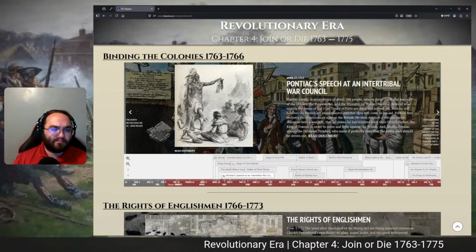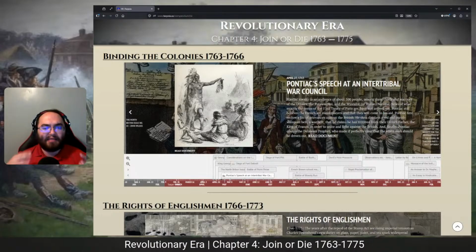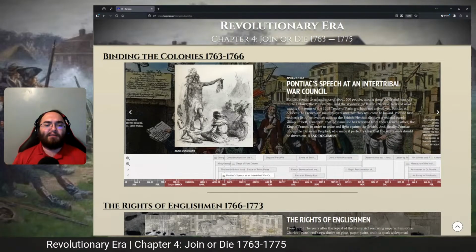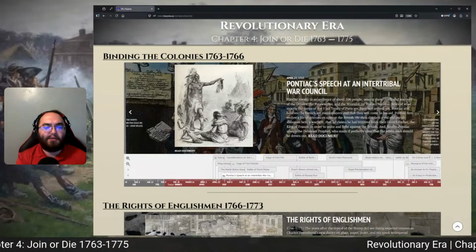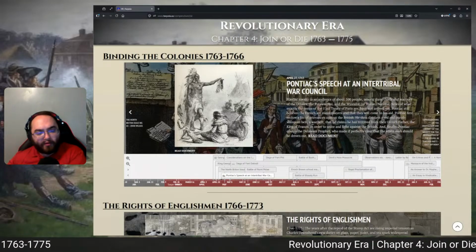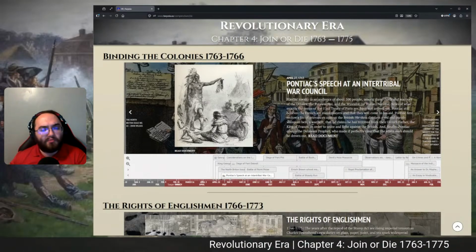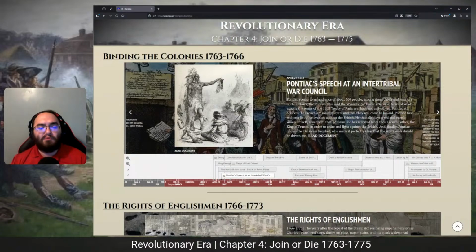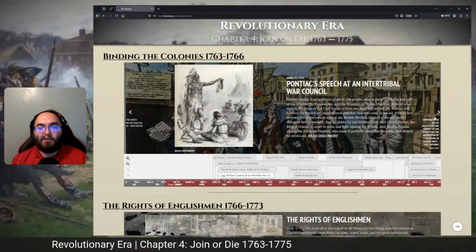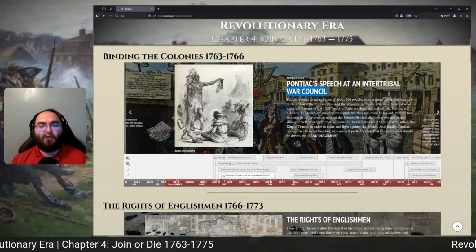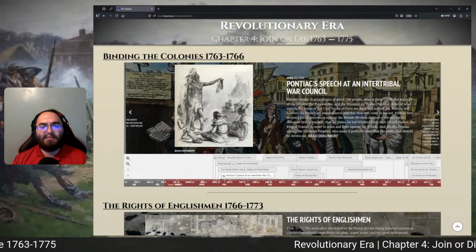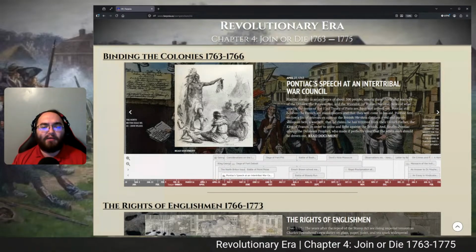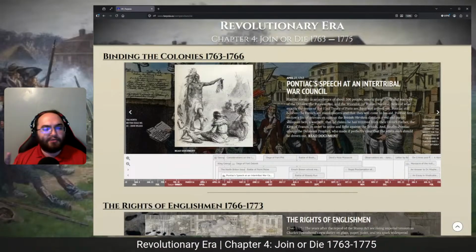It's not really his own rebellion. He's not like the king of Native Americans. He's just leading a coalition of French allied native tribes to continue the fighting from the French and Indian War into the post-French and Indian War. And so there are other coalitions of Native Americans because Pontiac isn't popular everywhere, and they will have competing interests.